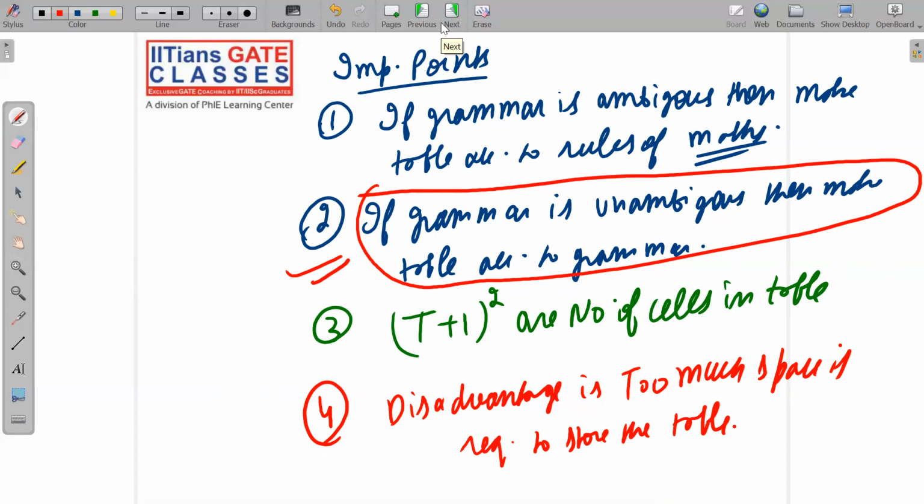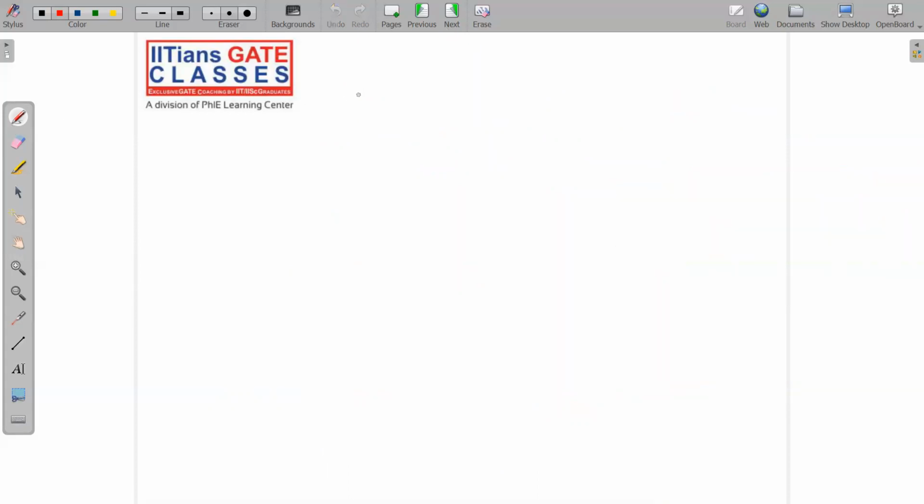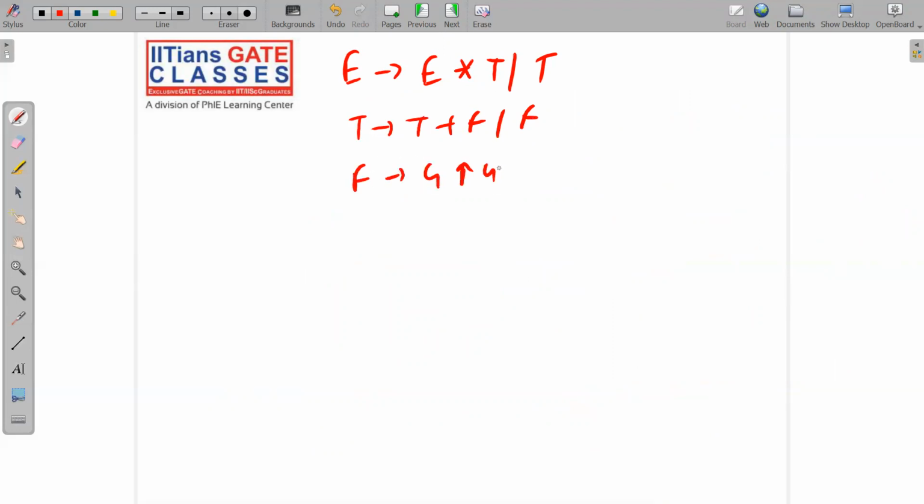So for example, if grammar is E implies E star T, or T implies T plus F, or F goes to G arrow F, or G goes to id.